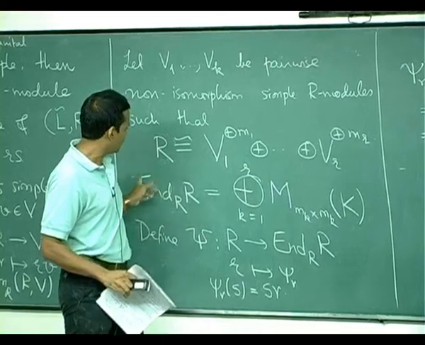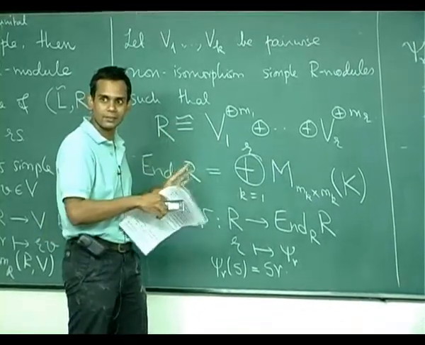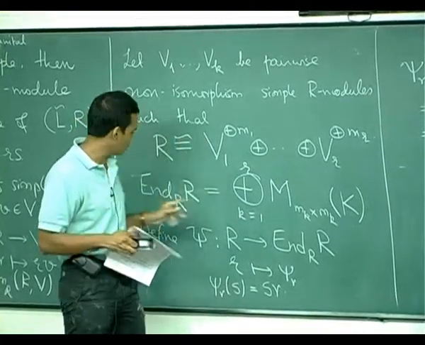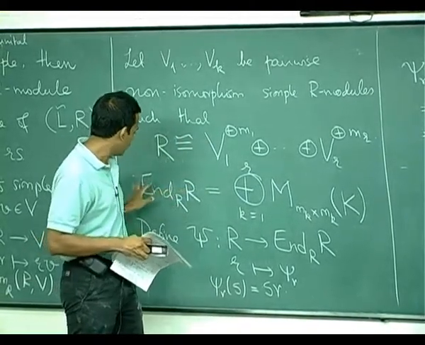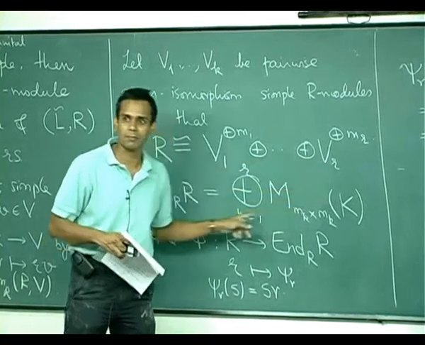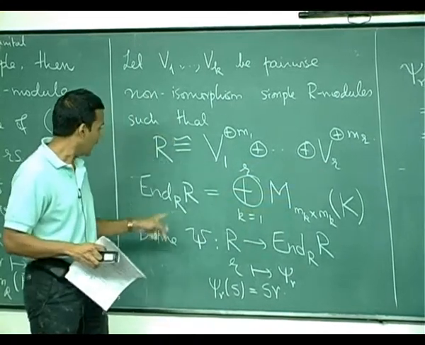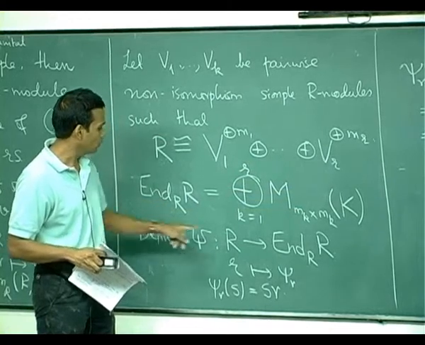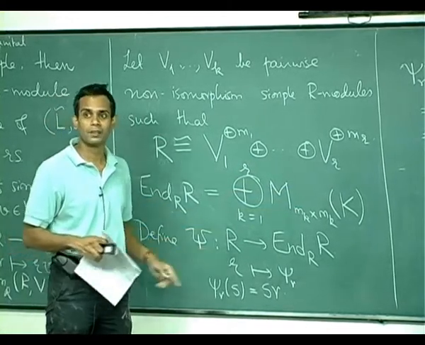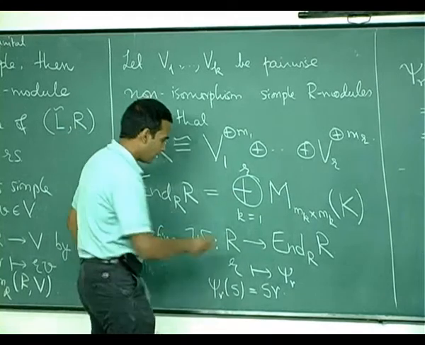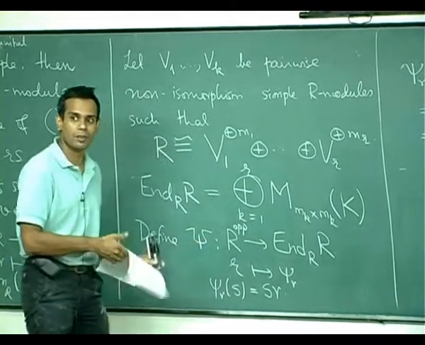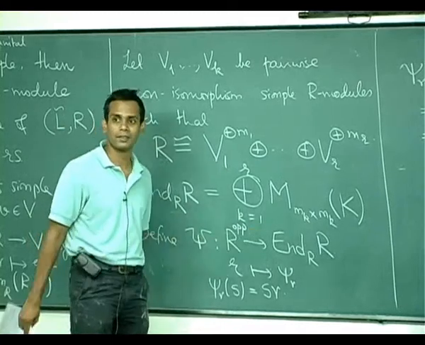Then, from what we did earlier, calculating the homomorphisms between two R modules, the endomorphism algebra is going to be the sum of matrix algebras. On the other hand, the endomorphism algebra is isomorphic to the opposite algebra of R. So this psi is not an isomorphism from R to End_R(R), but an isomorphism from the opposite algebra of R to End_R(R).